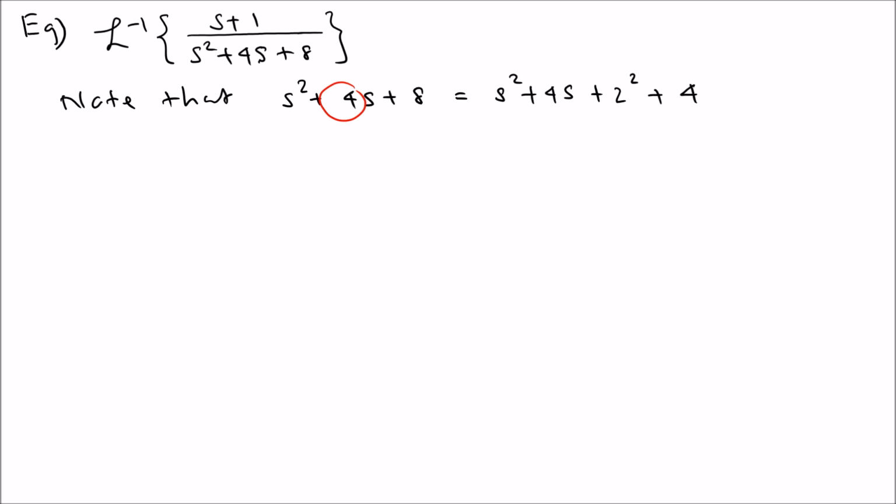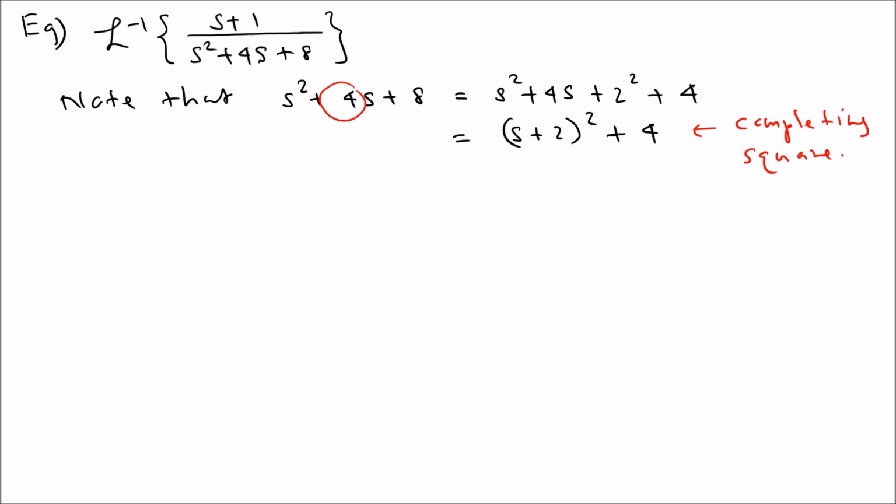So we write it like that. Then you can see that the first part is simply s plus 2 squared, plus 4. So we do the completing square first, and then we can do the rest of the problem.